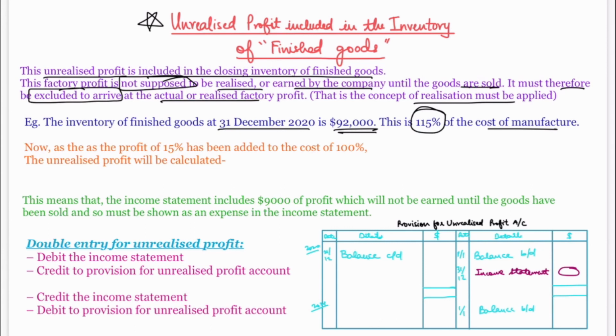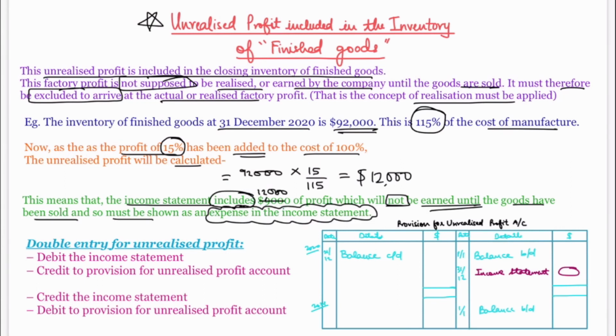As the profit of 15%, that is 115, the addition to 100, has been added to the cost of 100%, the unrealized profit will be calculated as 92,000 into 15%, the unrealized profit percent, upon 115, which is equal to $12,000.